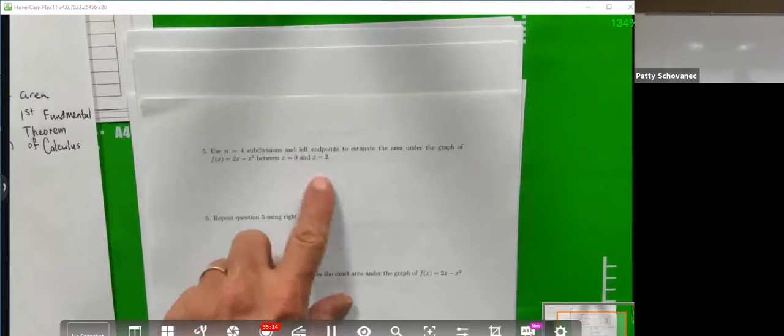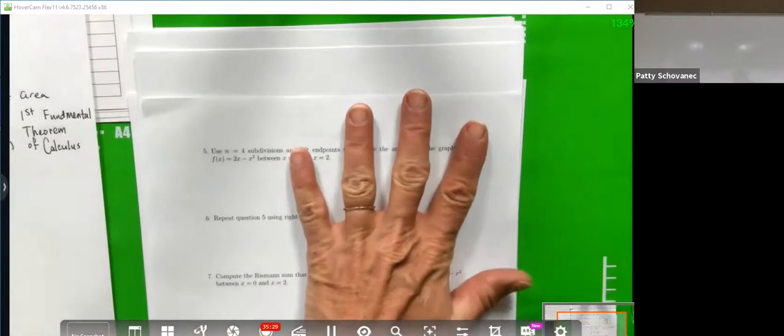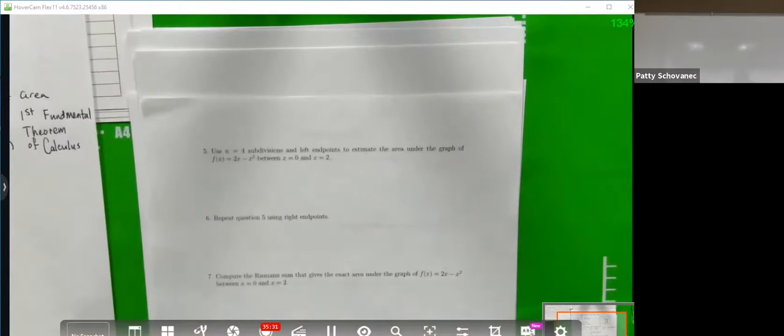Draw me this graph of the upside down parabola over that interval. This time break that region into 4 subdivisions, 4 rectangles. Compute the approximate area using left endpoints and then with right endpoints. We'll check our answer together, and then we'll get number 7 started. So let's do problems 5 and 6 real quick on your own.